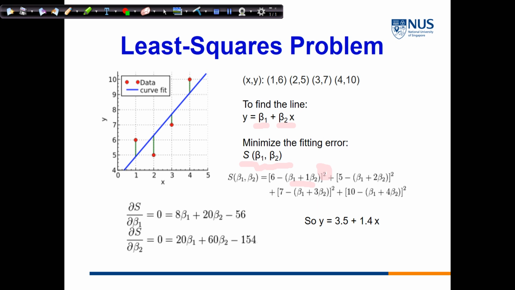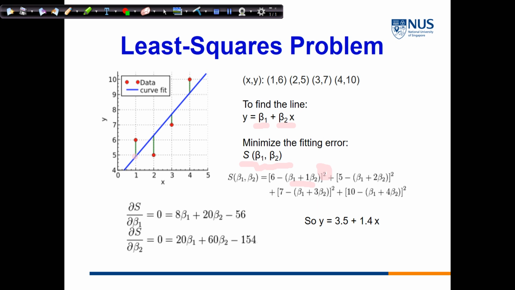So think about it, you can write down the absolute value, right? So 6 minus beta 1 plus 1 multiplied by beta 2. This is the absolute value, but it can be positive or negative.